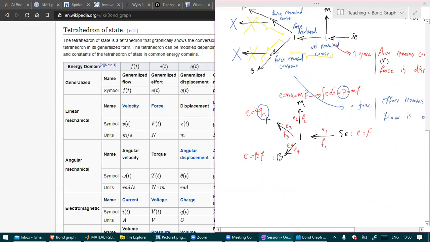Okay, then for the junctions. In a one junction, all of the flows are equal, so Fi is equal to Fj, and the summation of the efforts is equal to 0.